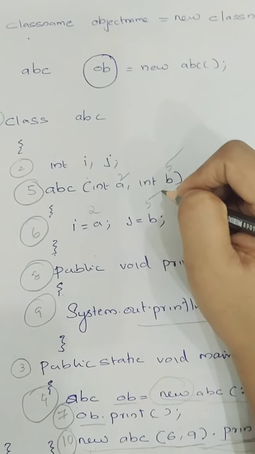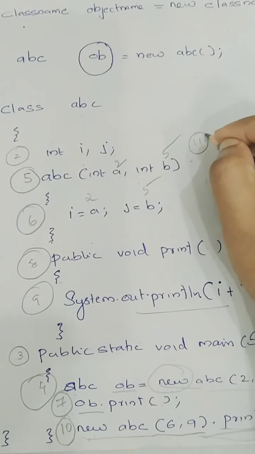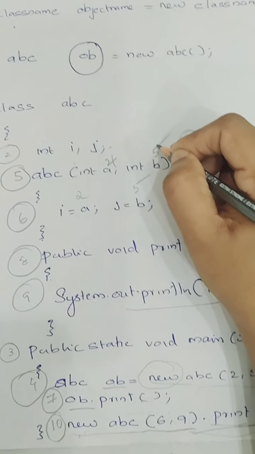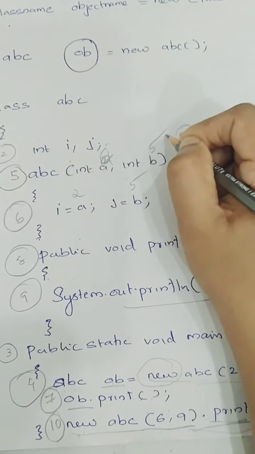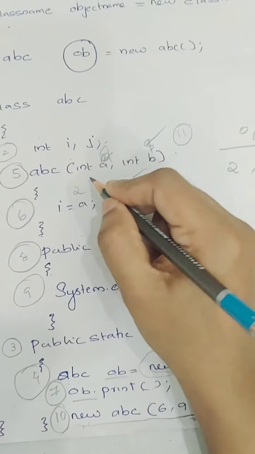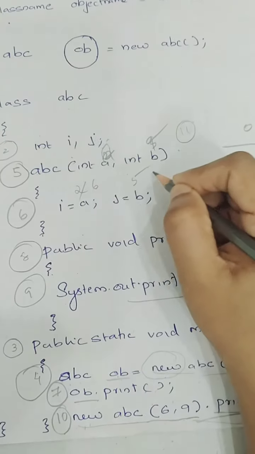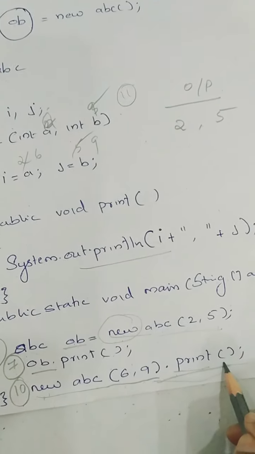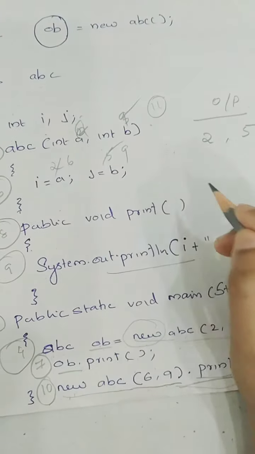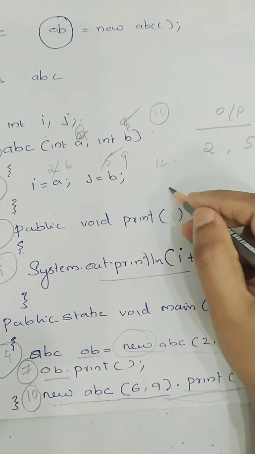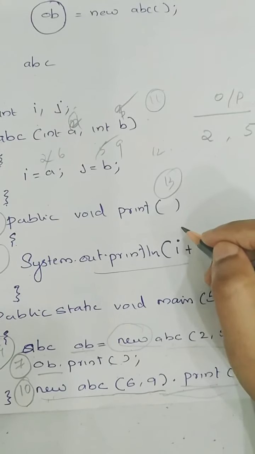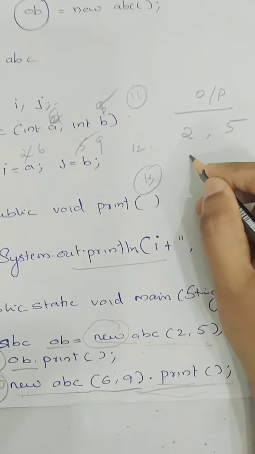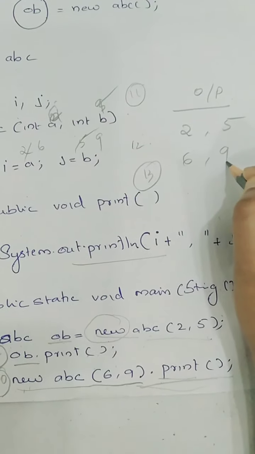Automatically it will call the constructor, and here a will become 4, and this will become 6 and this will become 9, and it has made a call dot printf. So it will call this function, and it will print here as your second output, after 2 comma 5 it will print 6 comma 9.